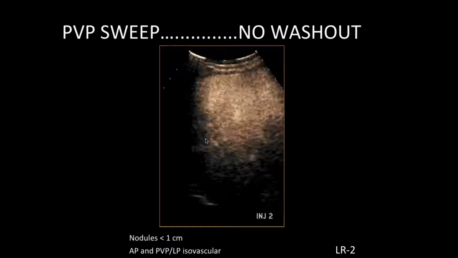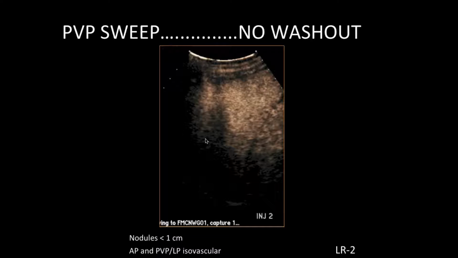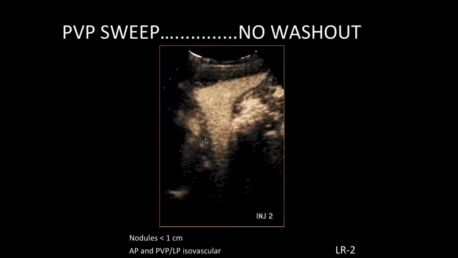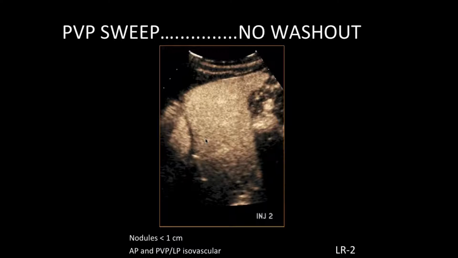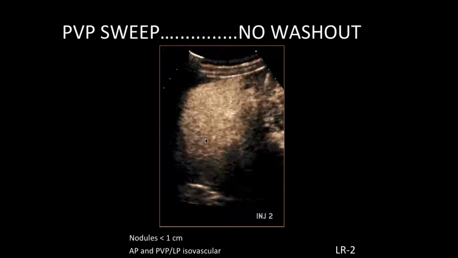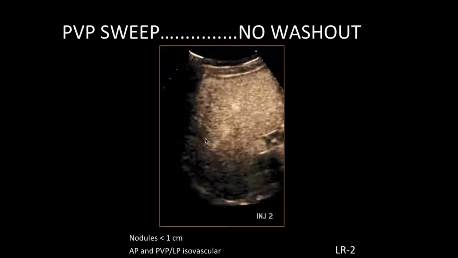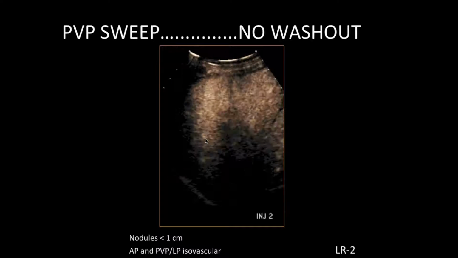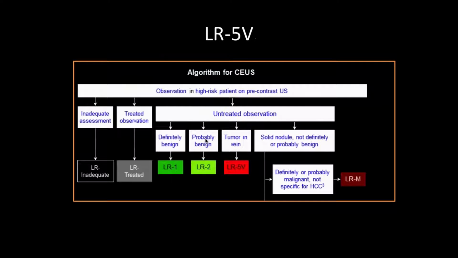And you can see that contrast-enhanced ultrasound in many situations actually makes a very nodular liver look very homogeneous in the portal venous phase, improving the confidence of the investigator and removing these nodules from consideration. So this would be an LR2 liver.